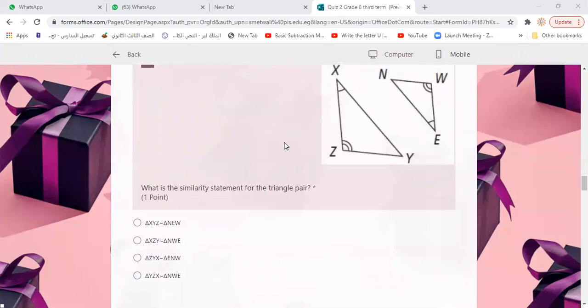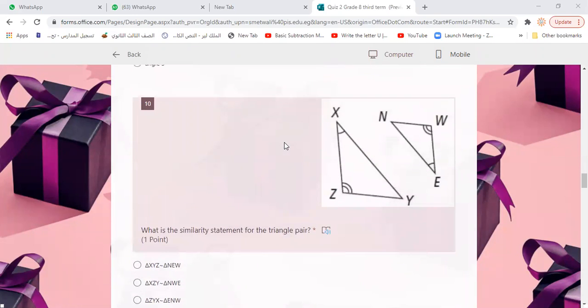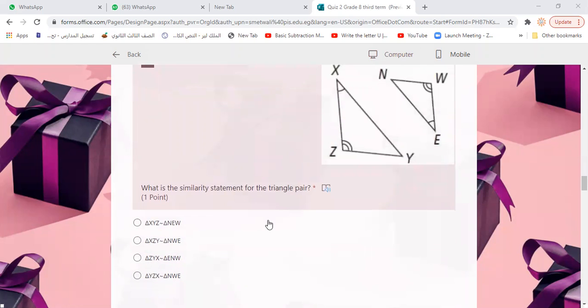Here, in this question, what is the similarity statement for the triangle pair? In this question, we have to check the corresponding angles. We have to check the corresponding angles.